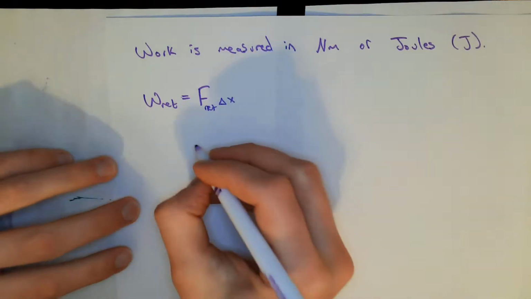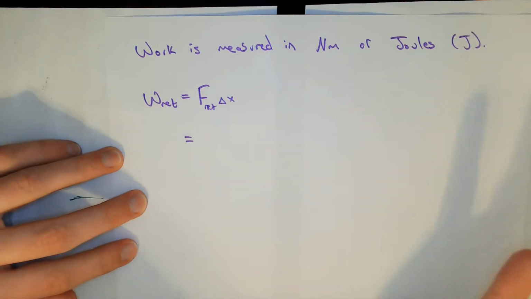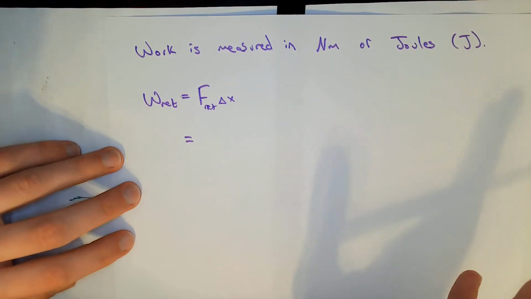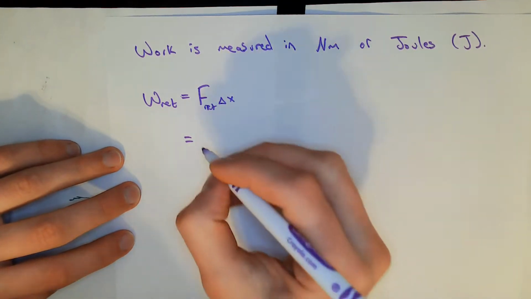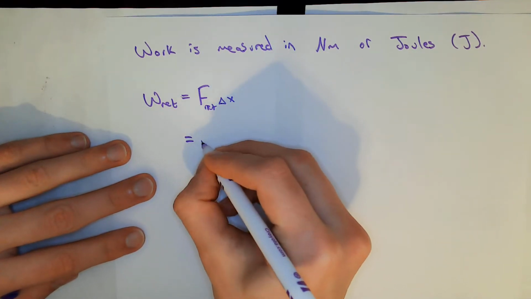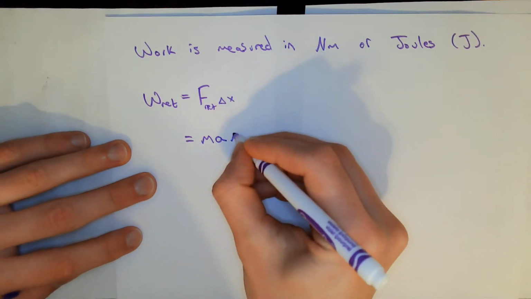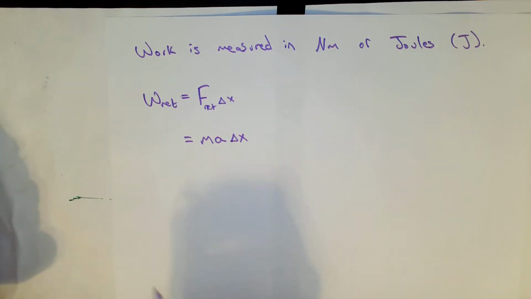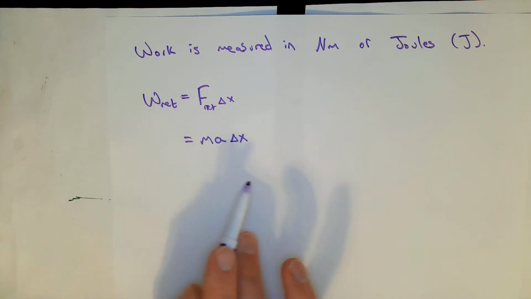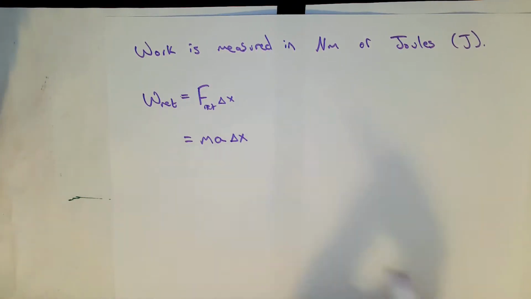Now, if there is a net force, if not, everything's just zero, which isn't very interesting, right? If there's a net force, we know by Newton's second law that net force should be equal to ma. So I get that the net work is equal to ma delta x, and from here is where we derive this kinetic energy relationship with net work. So that's what I'm about to do here.